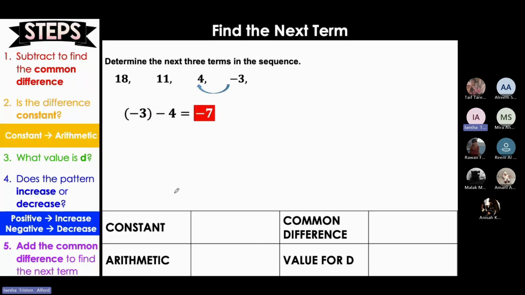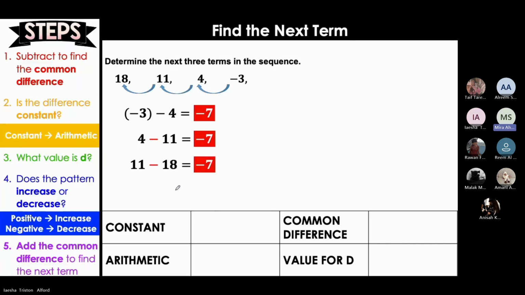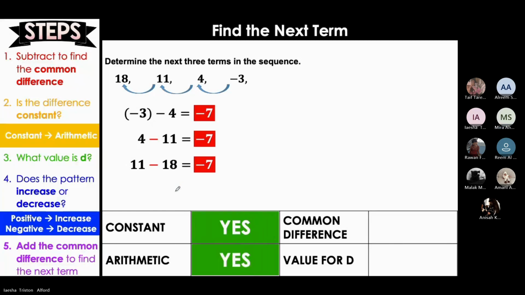Then negative 4 subtract... 11 equal negative 7. 11 subtract 18 equal negative 7. It is constant and arithmetic. D equal negative 7.